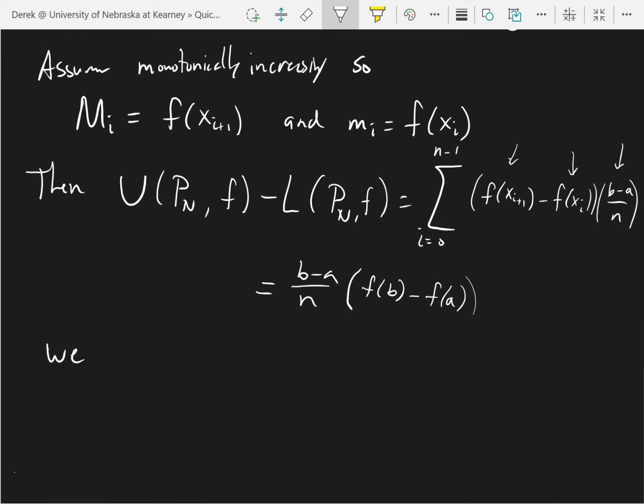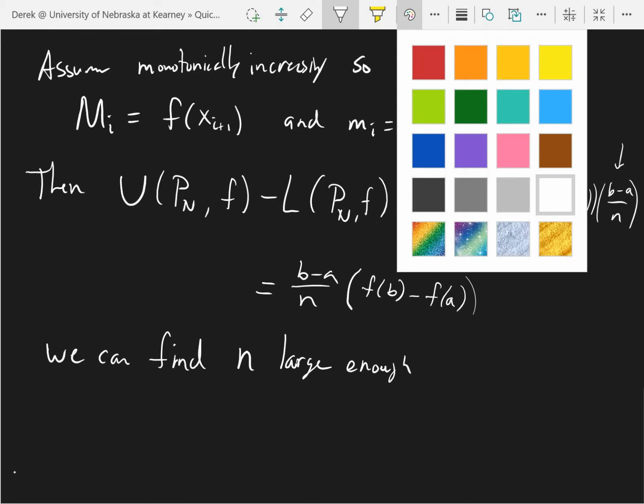We can find n large enough. I should probably be using a capital N here.